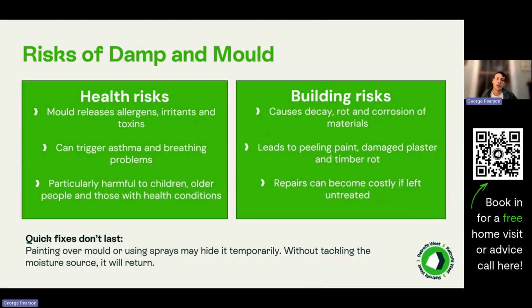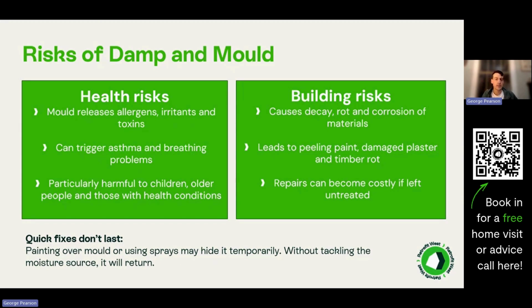So what are the risks of damp and mould? They don't just look unpleasant, they can affect both our health and our building's health. Mould releases tiny spores into the air that can trigger allergic reactions, coughing, wheezing, irritation to the eyes and skin. Some types even produce toxins that can be harmful if you're exposed to them over a long period of time.